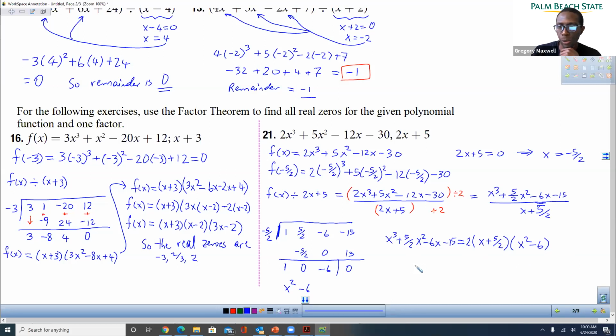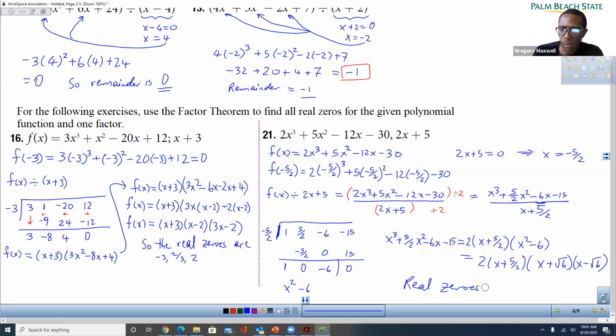So what are my zeros? Oh, by the way, x squared minus 6 factors into something not too pleasant, but workable: x plus square root 6, x minus square root 6. All right, so my real zeros then work out to be what?